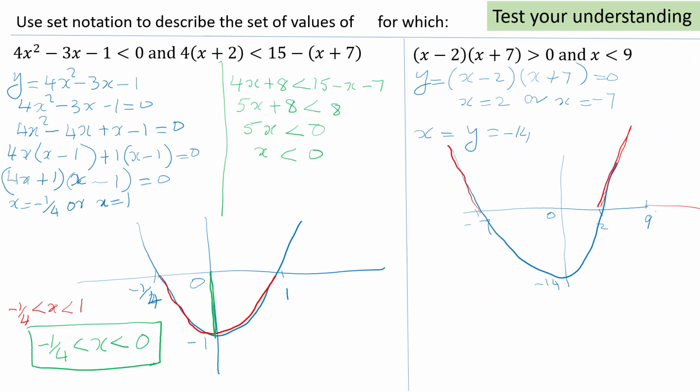This is 9. So x less than 9. This part. So satisfy both inequalities. Minus 7. First inequality, minus 7 less than x, and 2 greater than x.